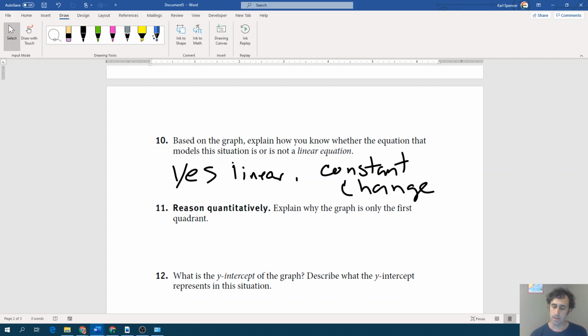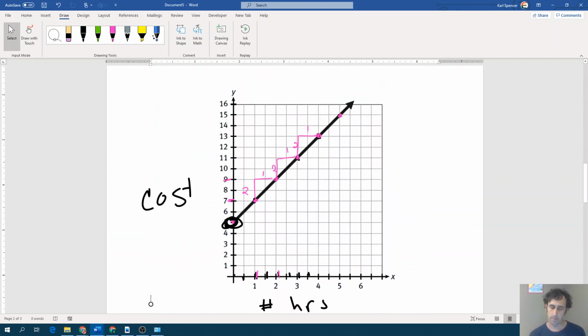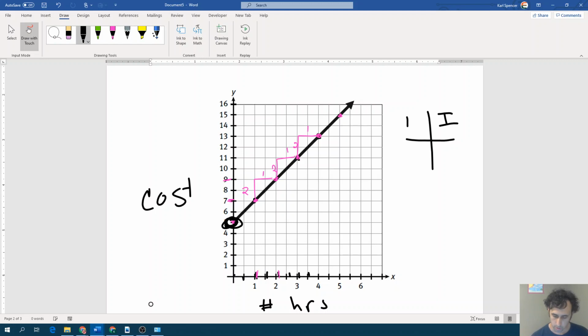It's asking, why is our graph of renting a tube and its cost, why are we only restricted to the first quadrant? If you normally think you have a graph that has quadrant 1, 2, 3, 4, why are we restricted to only quadrant 1?